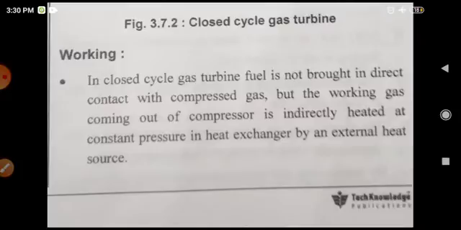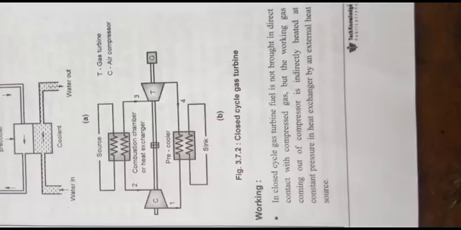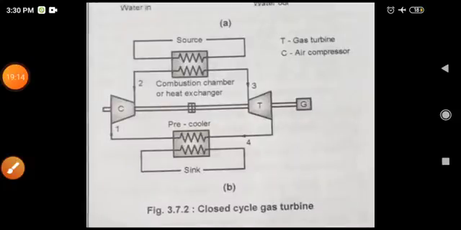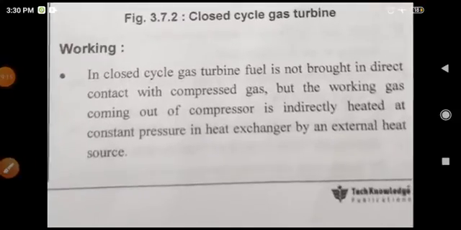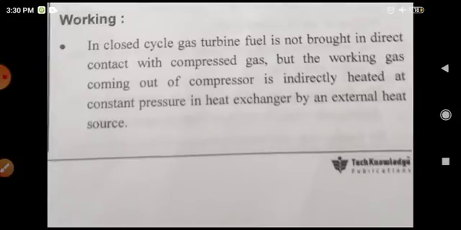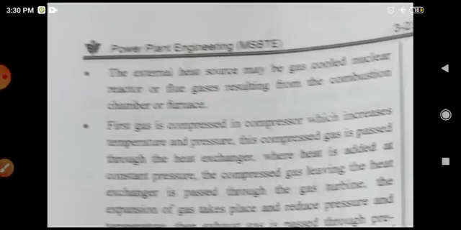Let's see the working. In the closed cycle gas turbine, fuel is not brought in direct contact with the compressed gas, but the working gas coming out of the compressor is directly heated at constant pressure in a heat exchanger by an external heat source. The external heat source may be a gas cooled nuclear reactor or flue gas resulting from the combustion chamber of a furnace.